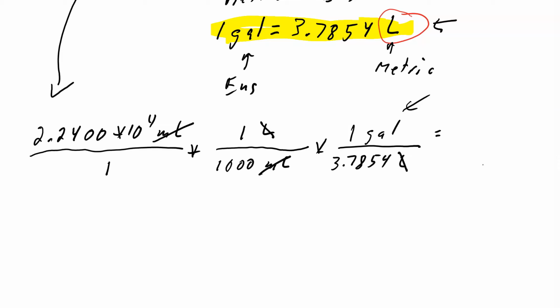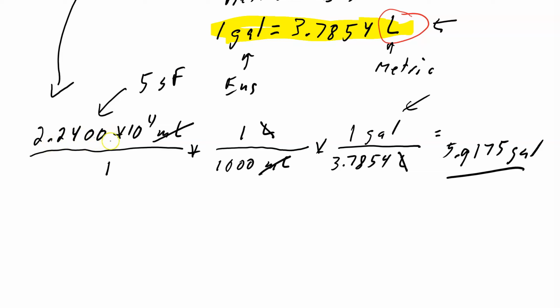And now when we do the math on this, we get a value of 5.9175 gallons. Let's look at significant figures here. Our starting measurement has 5 significant figures. Remember, these ending zeros here are significant because this number has a decimal point.